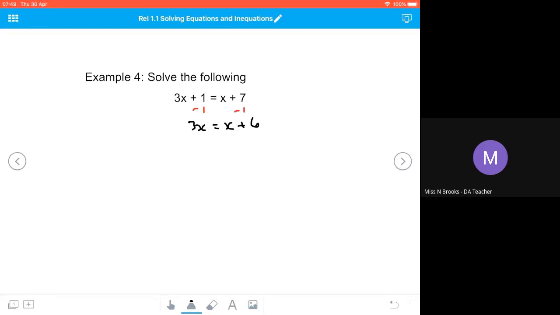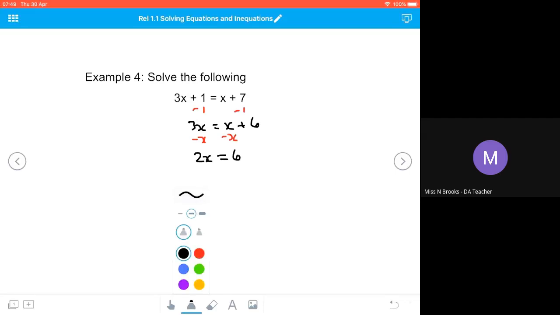Now, we've got variables on both sides, so we need to collect our variables onto the left-hand side. We're going to do the inverse of add x, which is take away x. So we're going to take away x from both sides, and that gives us 2x equals 6.